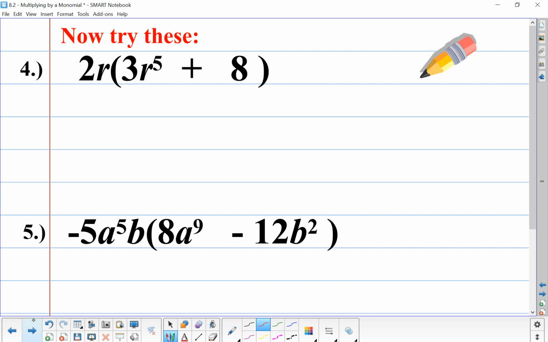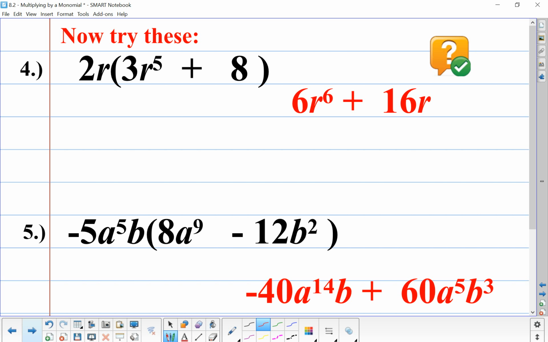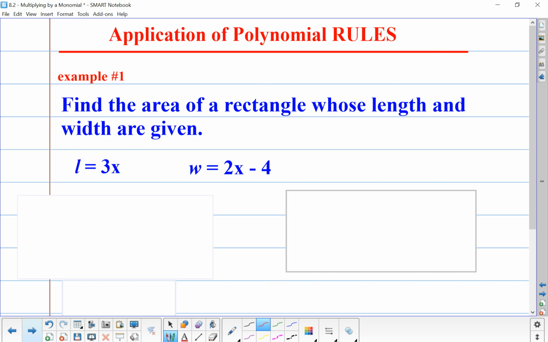Alright, let's take a look at your answer to these two. Now let's take a look at an application of multiplying monomials with polynomials. Here we have a question that says find the area of a rectangle whose length and width are given.